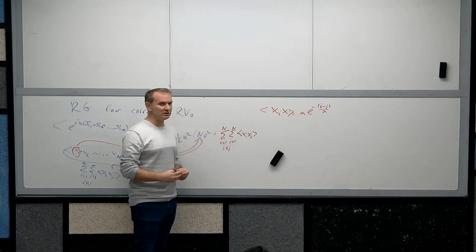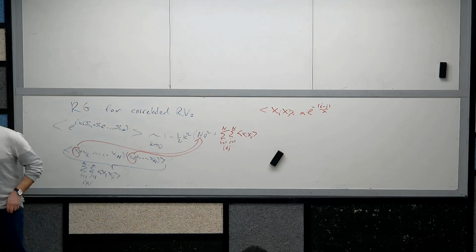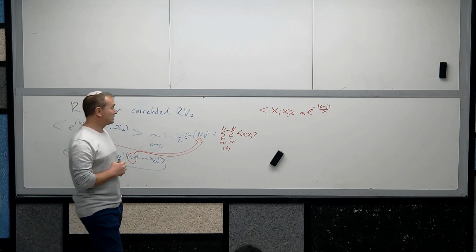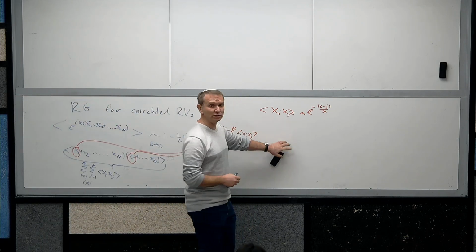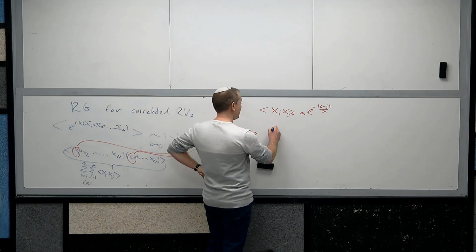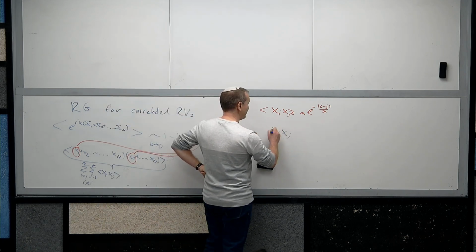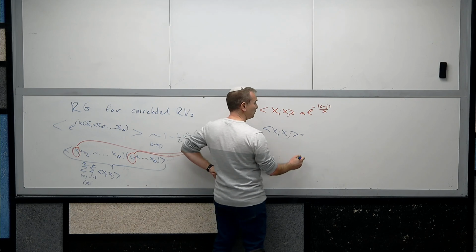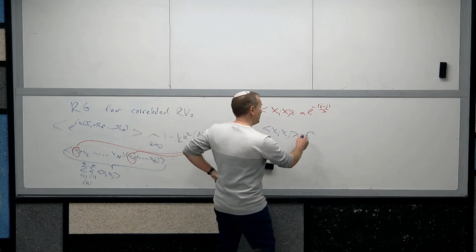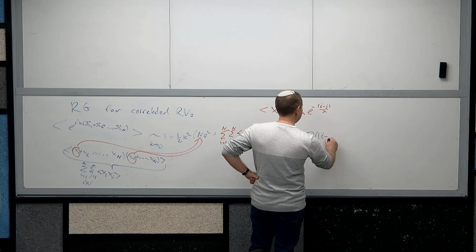Now I want to generalize it a little bit more. Instead of this correlation function, we can make the following assumption: xi xj average equals some specific function, let's call it c, which depends on i minus j.